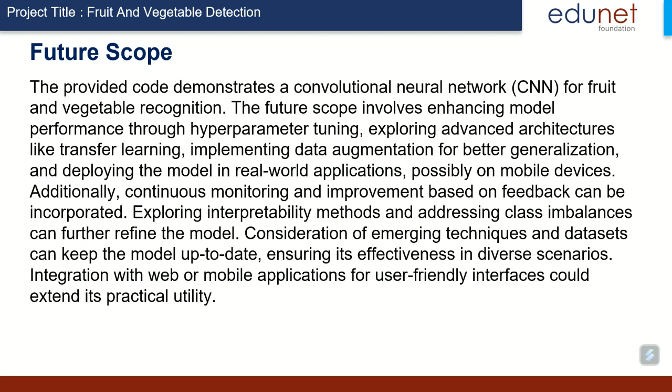Our future scope of the project: the provided code demonstrates a convolutional neural network for fruit and vegetable detection or recognition. The future scope involves enhancing model performance through hyperparameter tuning, exploring advanced architectures like transfer learning, implementing data augmentation for better generalization, and deploying the model in real-world applications, possibly on mobile devices.